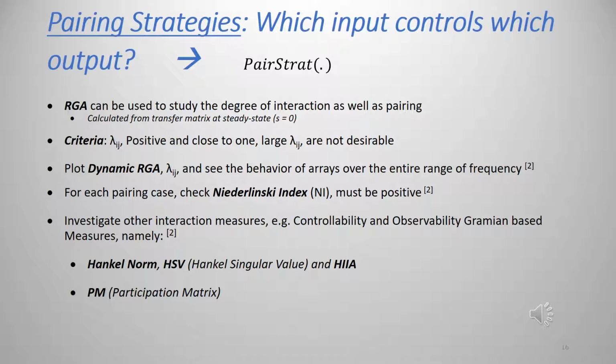Namely, these measures are Hankel norm, Hankel singular value, and also Hankel interactions, and also participation matrix. These are all based on the observability and controllability Gramians.